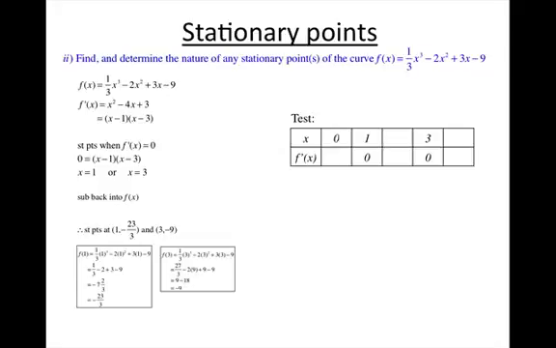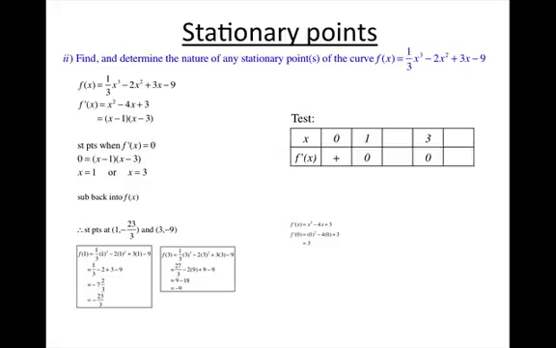So let's start off with a little less than 1. We'll test x is 0. So we sub in 0 into f dash x. When we do that, we'll end up getting, as you can see there, 0 minus 0 plus 3 is 3. So we get a positive gradient. Now we'll test our 2.